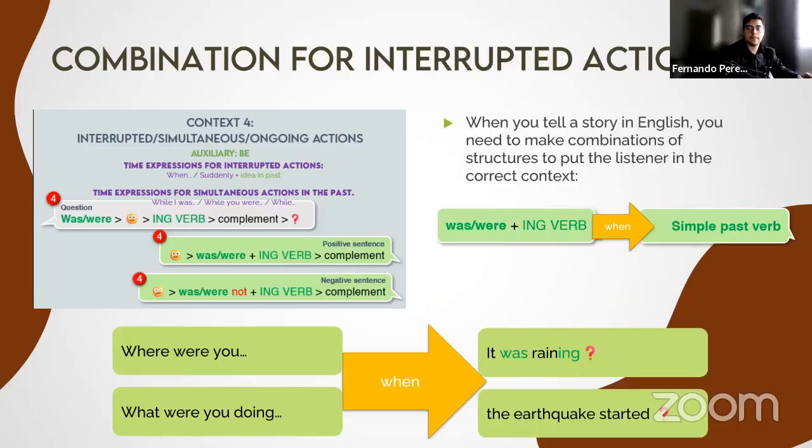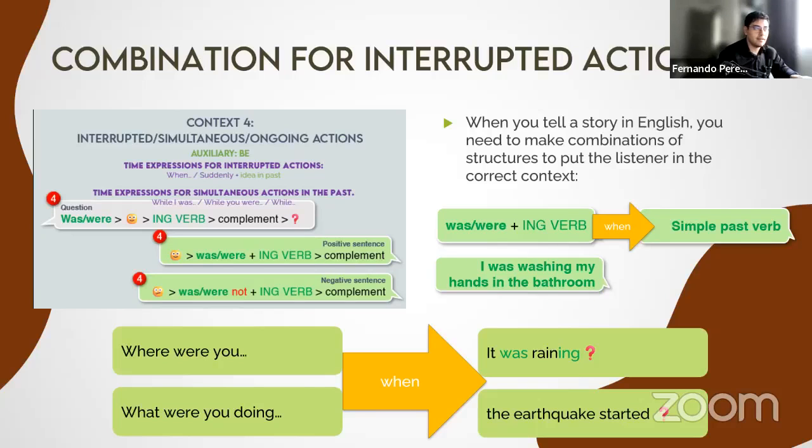Example. I was, that's a very sad story. I was in the bathroom and I was washing my hands in the bathroom when the earthquake started.